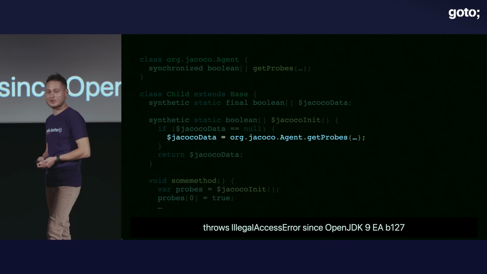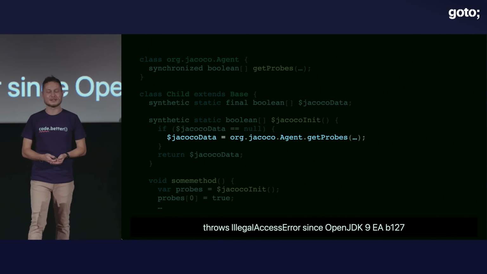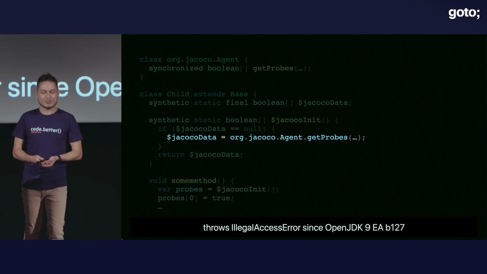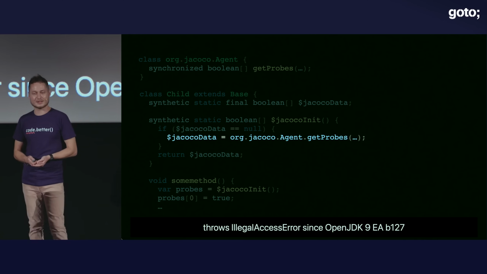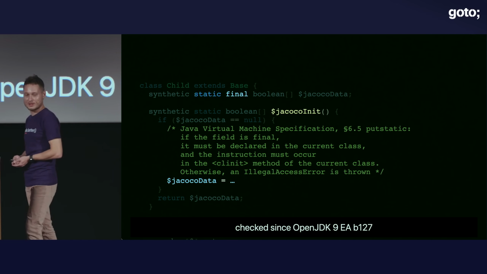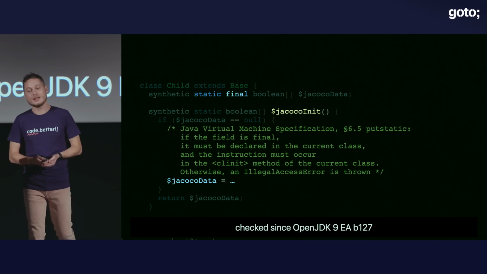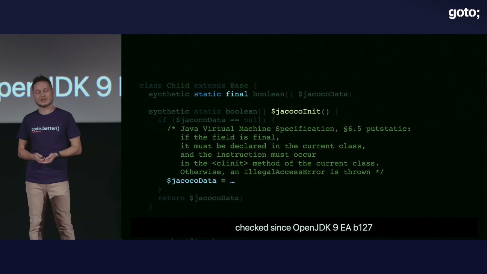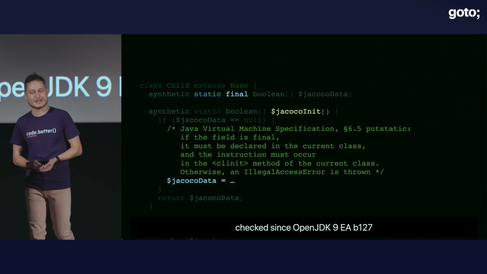And our codes worked for many, many years. We've been writing to a final field from a method. Since OpenJDK 9, this does not work. This throws illegal access error because, well, Java virtual machine specification says you can use a put static instruction only if the field is final, you must use this instruction inside of static initializer, otherwise exception is thrown. That's it.